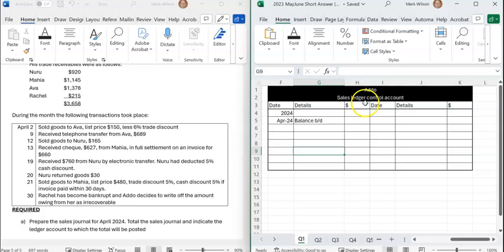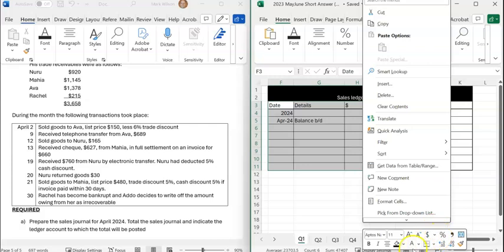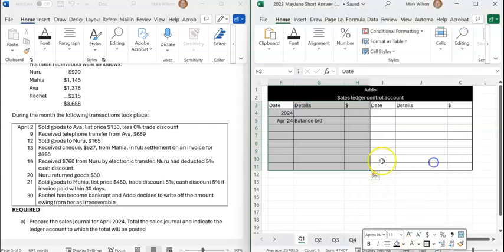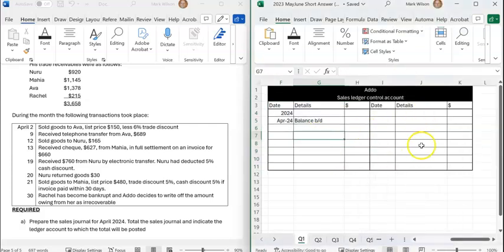That's because sales are the debtors that it comes from, the people that owe us money, they're an asset to us. And so because they're an asset, things that are going to increase are going to go on the debit side, things that are going to decrease are going to go on the credit side. So they start off owing us a total, see this figure here? That's the amount that was owed to us at the start.